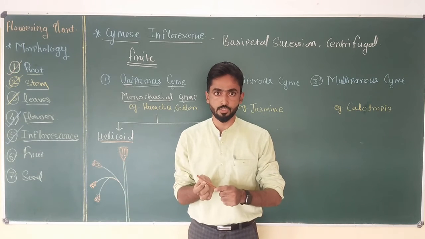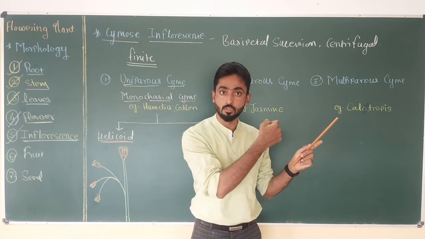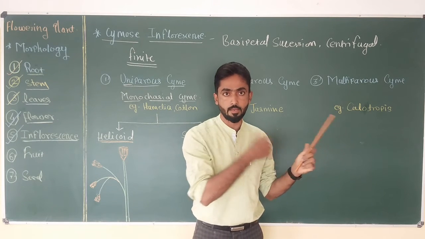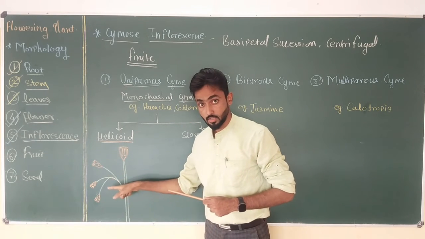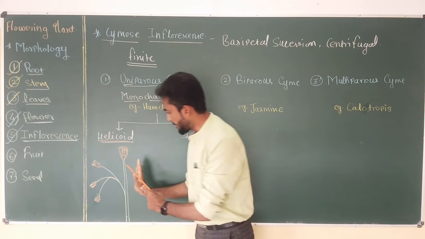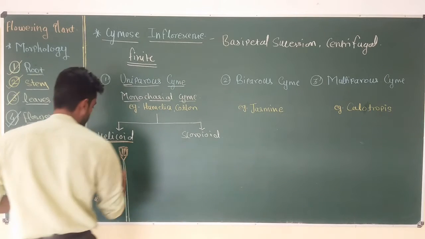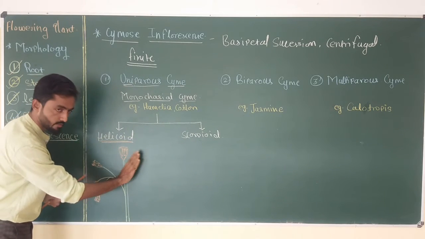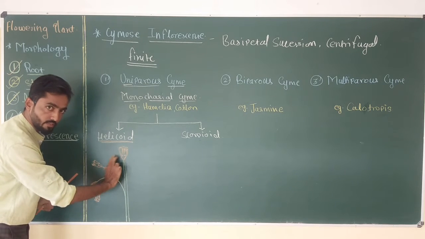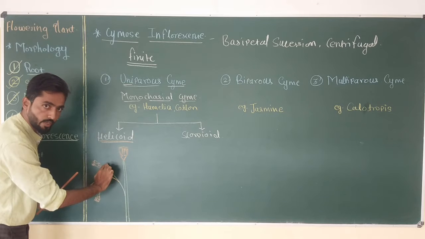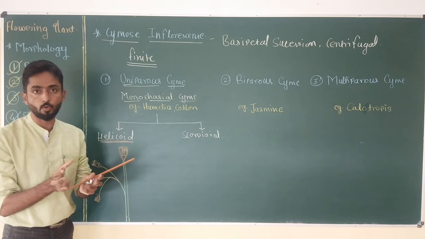If the first branch appears on the right side, then the second, tertiary, and quaternary branches will also appear on the right side. And if the first branch appears on the left side, then all other branches will be produced on the left side. Now, just to maintain the posture of the plant body, this central axis sometimes bends towards the opposite direction, so that all other branches come quite upright, due to which the plant can have a proper orientation.